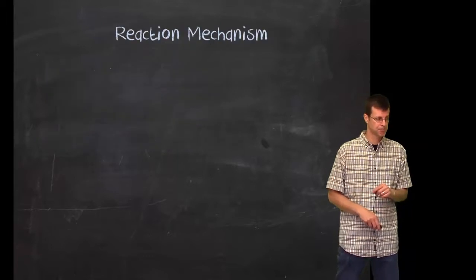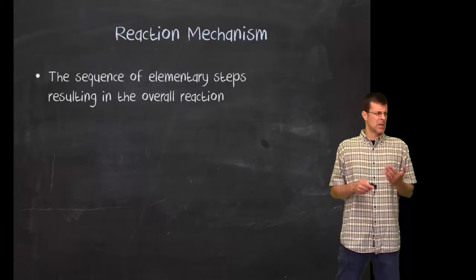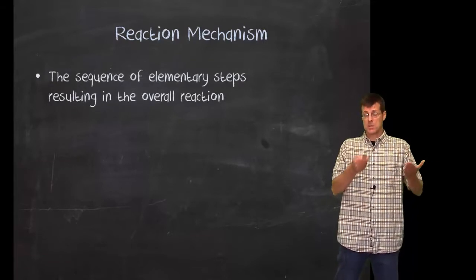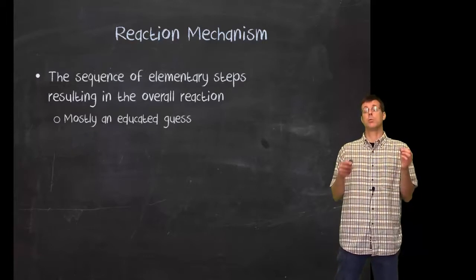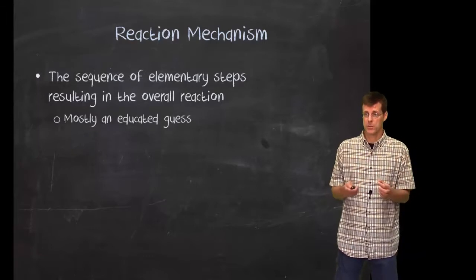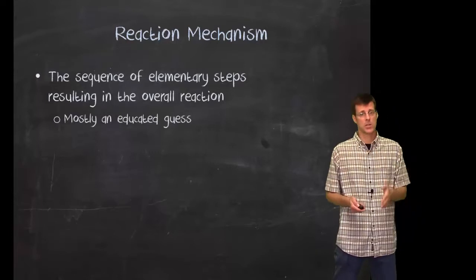that will bump into the rate law quite nicely. So, how do we get a reaction mechanism? Well, a reaction mechanism is the series of steps. We already know that. Second thing is, it's an educated guess, which means we'll never know for certain. But there are some ways to make our guess more educated.